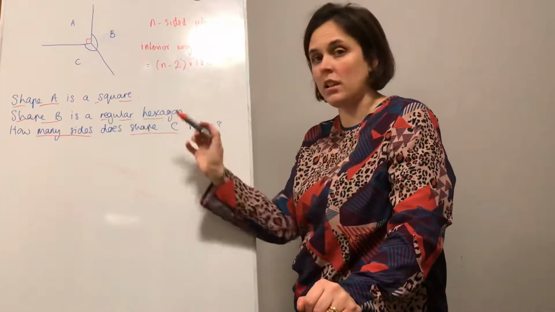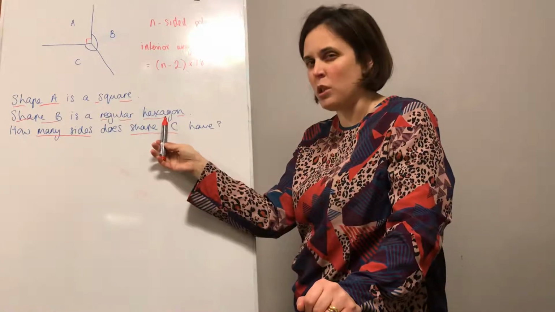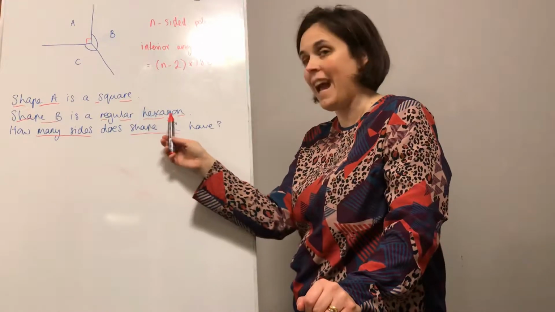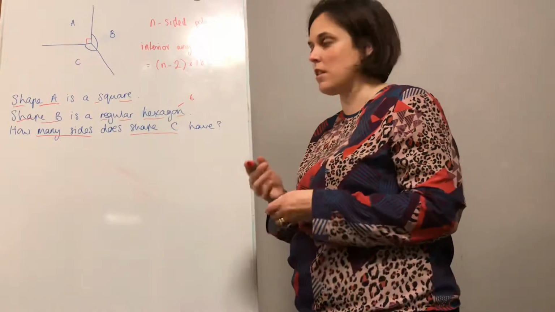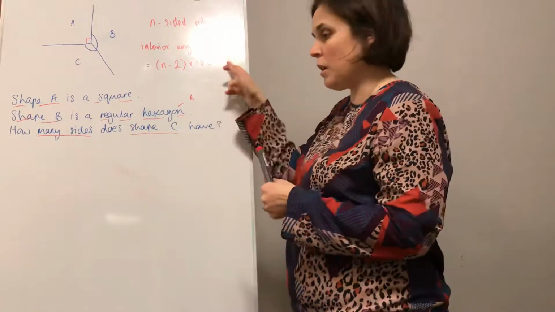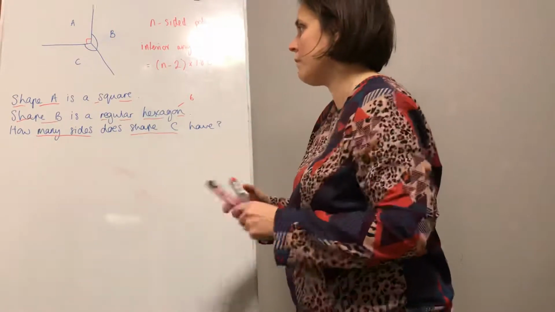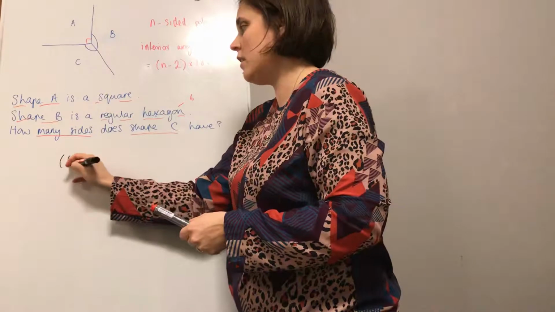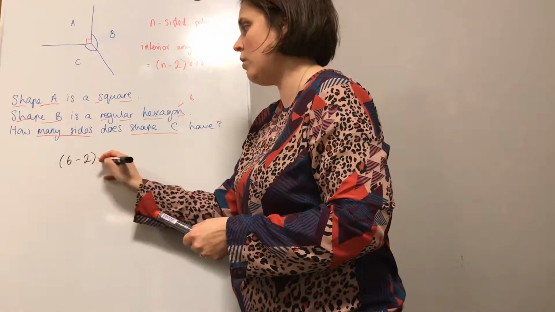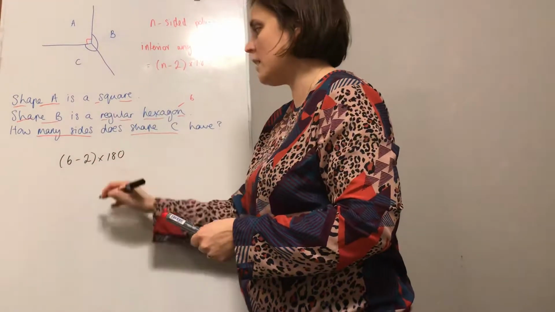So let's look at the hexagon. The language is important here, so you need to know that a hexagon is a 6-sided polygon, so it's got 6 sides, and then we can apply this formula. So our formula says it's 6 subtract 2, multiplied by 180.